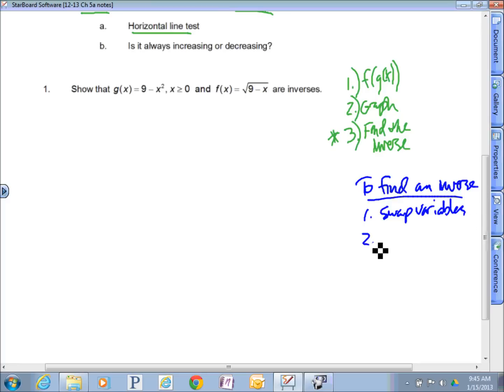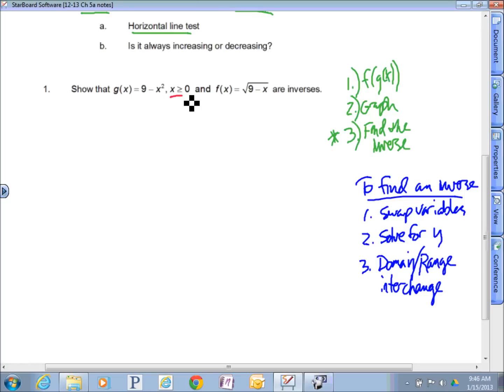Step 2, solve for y. Step 3, the domain and the range interchange. And I'll explain with a little bit better detail what that means in a couple seconds.